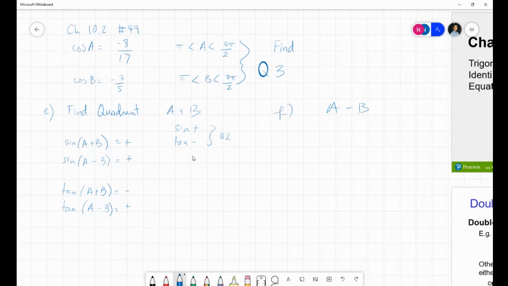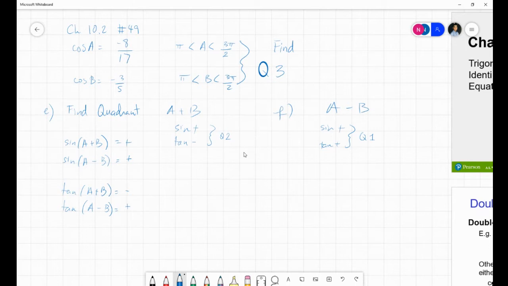And for F, where sine is positive and tangent is positive, that can only happen in quadrant 1. So both the answers were outside of quadrant 3, and I'm having a hard time visualizing or logically reasoning it out. When the ranges of A and B were both in quadrant 3, how can these two be in any different quadrant?